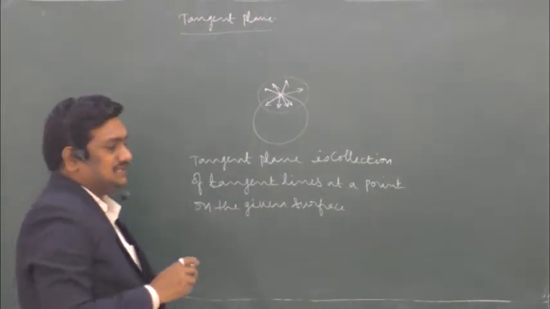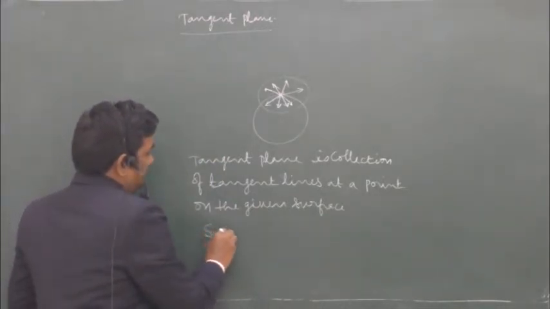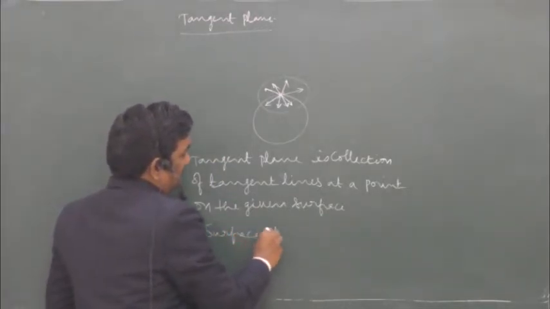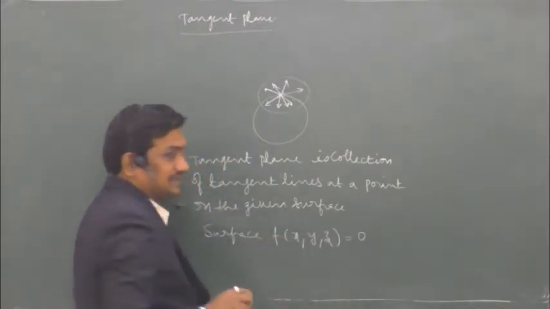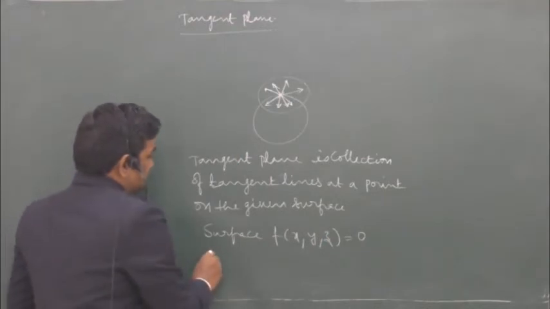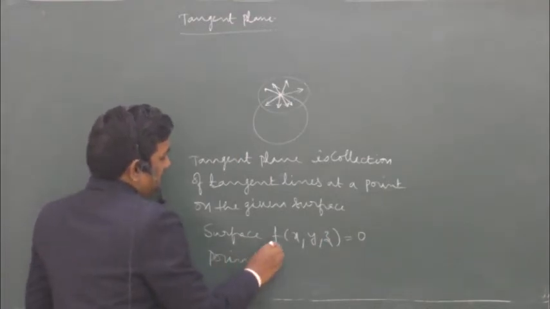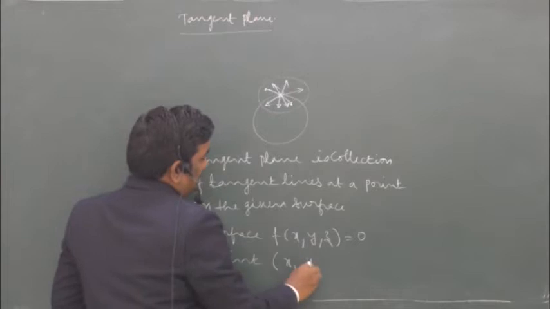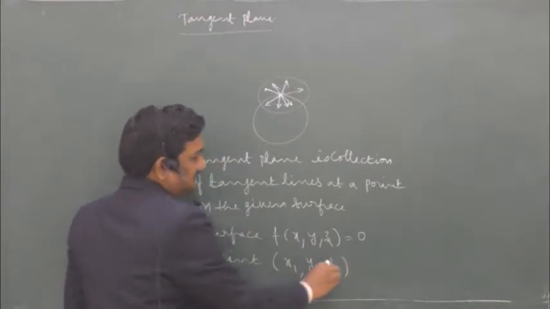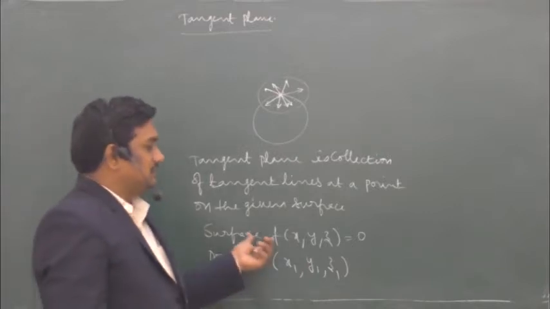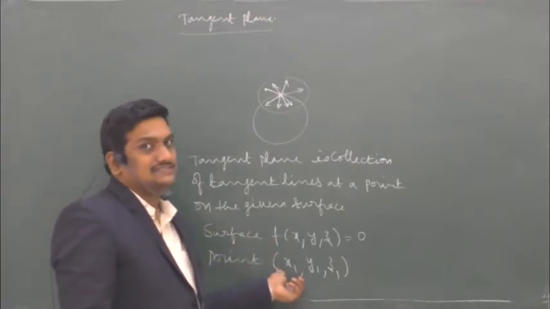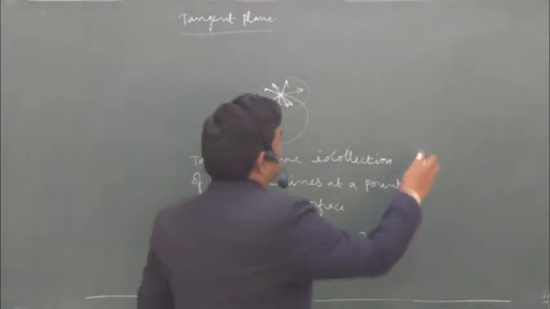Suppose the surface is given by the equation f of x comma y comma z is equal to 0, and the point is given as x1 y1 z1. Now we can write the equation of the tangent plane to this surface at the point x1 y1 z1.